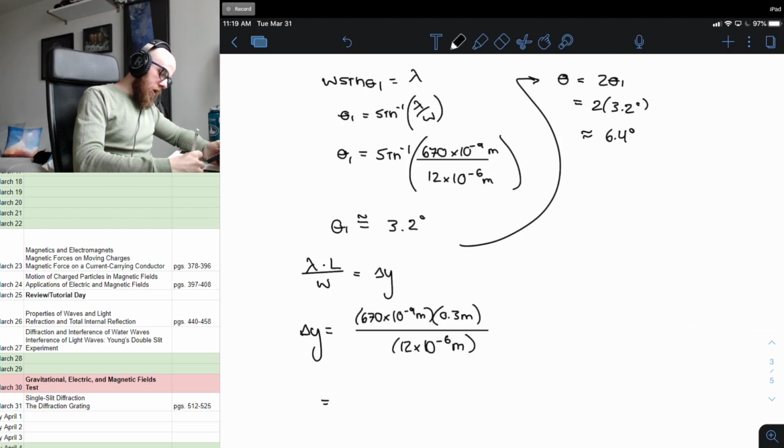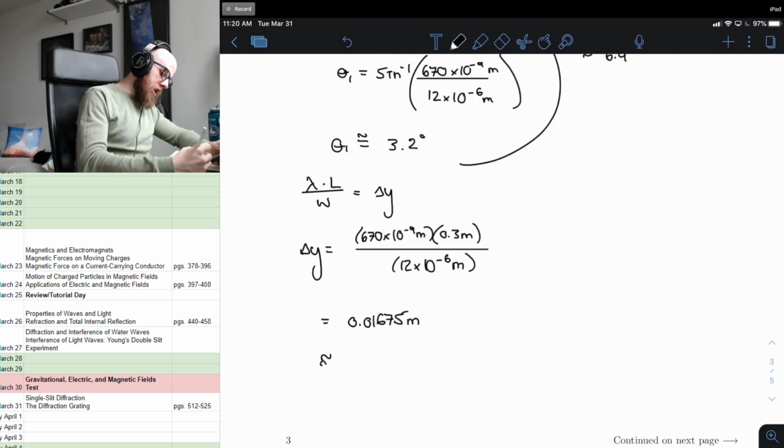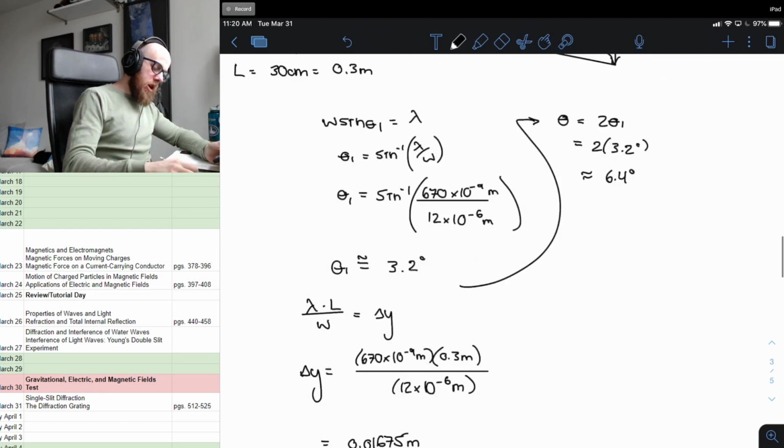I get a value of 0.01675 meters, which is 1.675 centimeters.